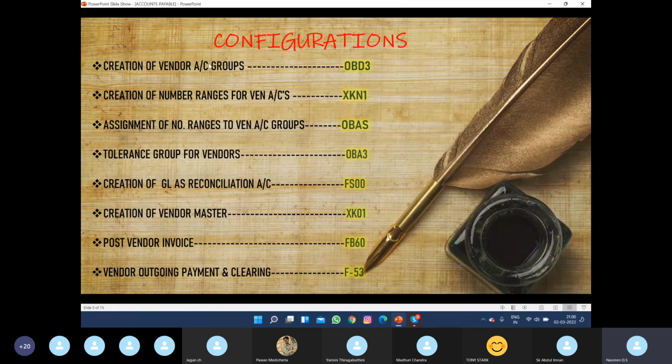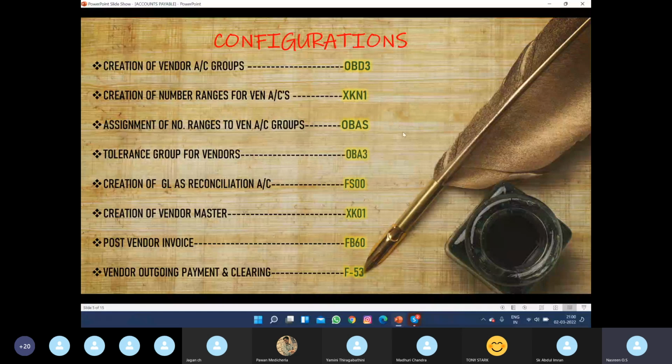They are creation of vendor account groups, creation of number ranges, assignment of number ranges to those vendor account groups, tolerance groups, creation of reconciliation account, vendor master data, post vendor invoice, vendor outgoing payments and clearings. These are some of the important configurations related to accounts payable.